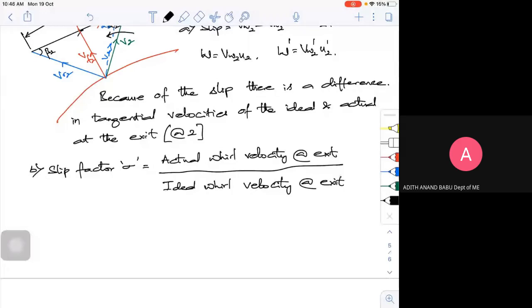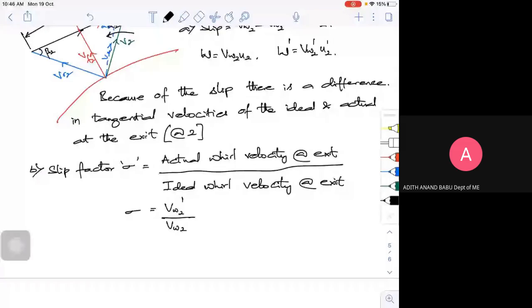So what is it actually? It is VW2 dash by VW2. Whatever I get from this ratio, I call that the slip factor, and that is denoted by sigma.